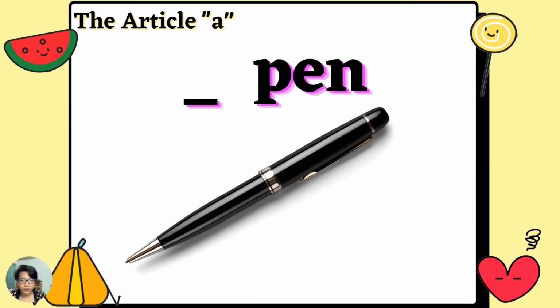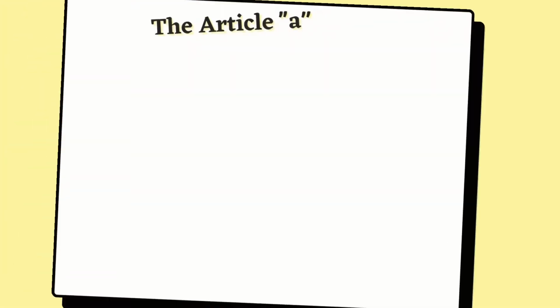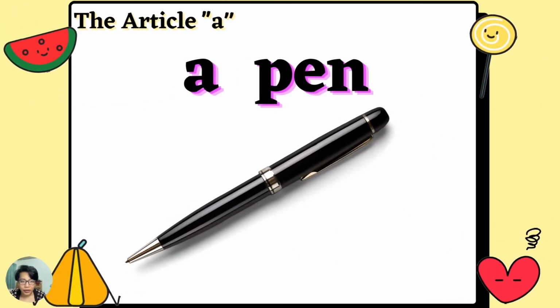The first word: if you check on the left side above, you will see a hint. Pen. A pen, right? A pen, because pen starts with P, and P is a consonant sound. Let's move to the next word.